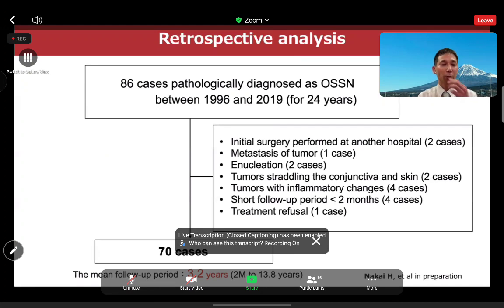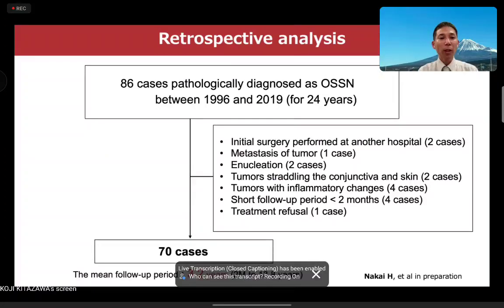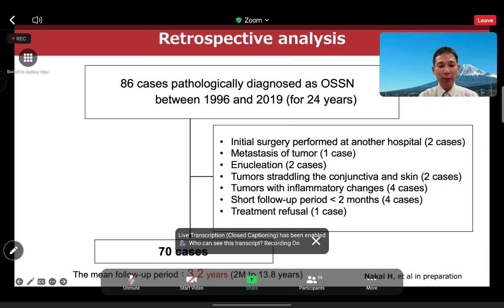We first collected the medical records of 86 cases pathologically diagnosed as OSSN between 1996 and 2019 at KPUM. We excluded 16 cases for reasons shown here, and finally analyzed 70 cases retrospectively. The mean follow-up period is about 3.2 years, ranging from 2 months to almost 14 years.